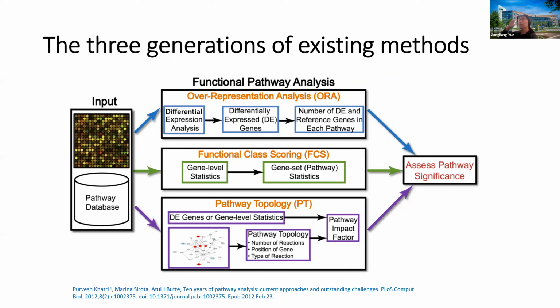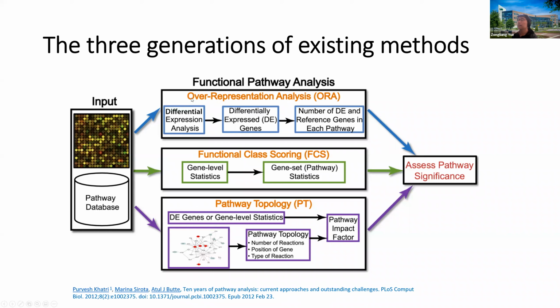The current generation of existing methods falls into these major three. Assume the input is a pathway database along with results from next generation sequencing data.